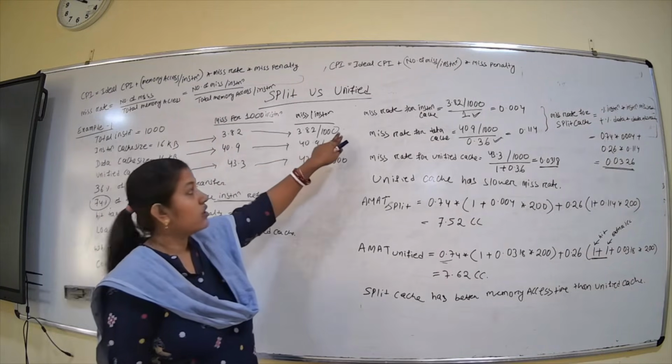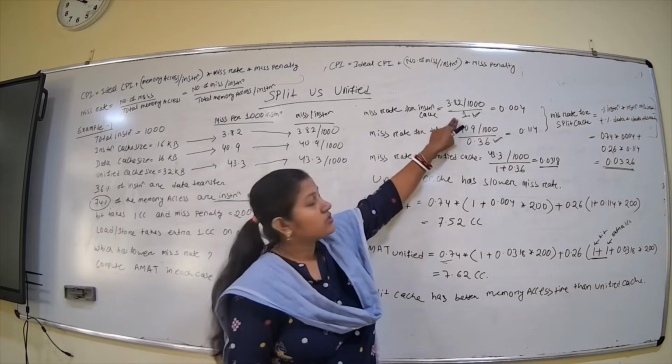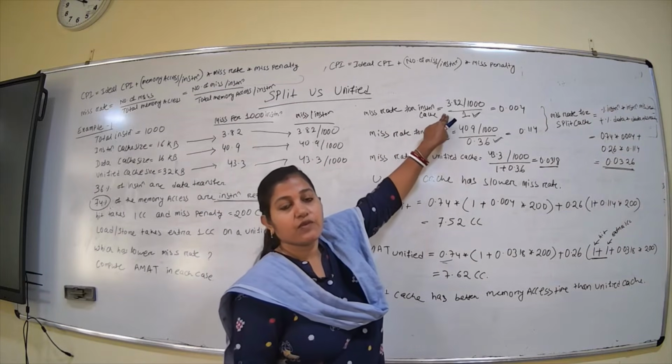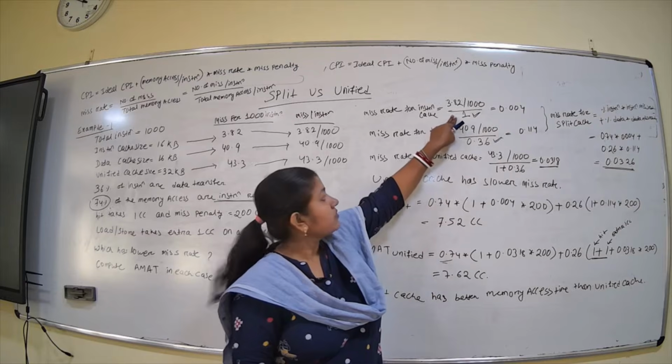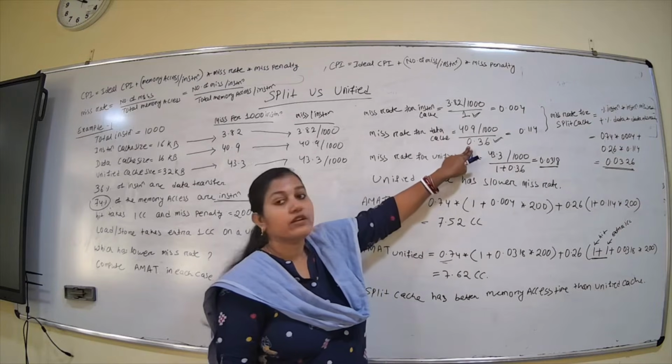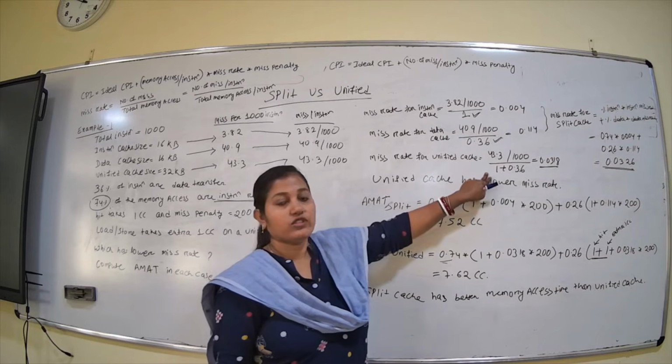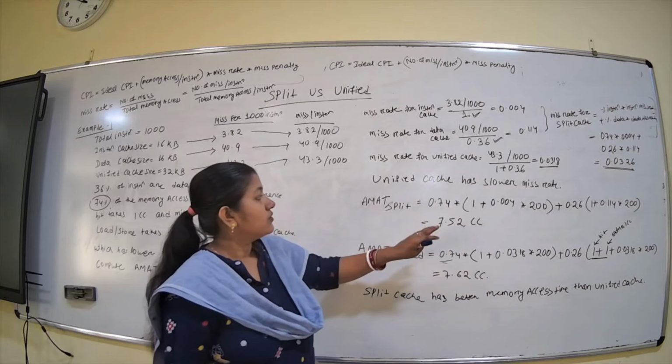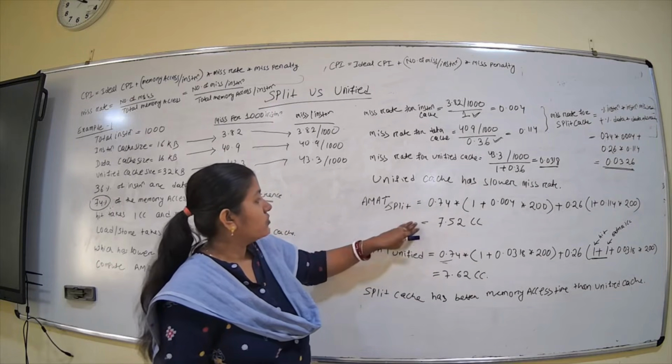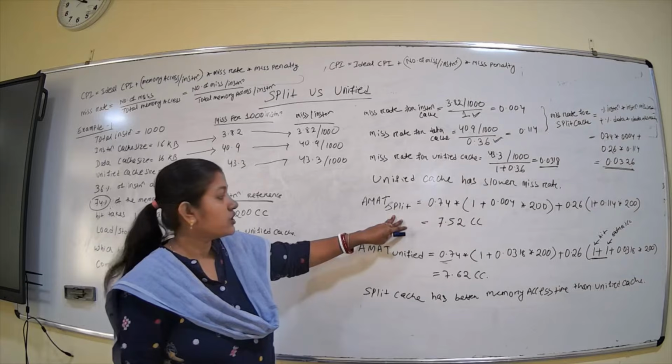Misses per instruction you have already calculated, so the miss rate is that divided by the total memory accesses per instruction: 1 for the instruction, 0.36 for the data, so it will be 1.36.